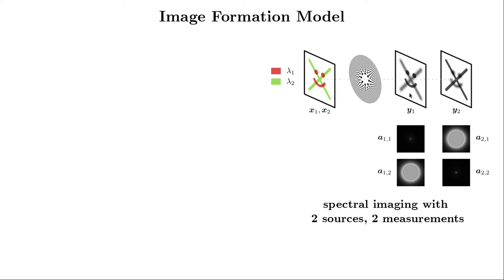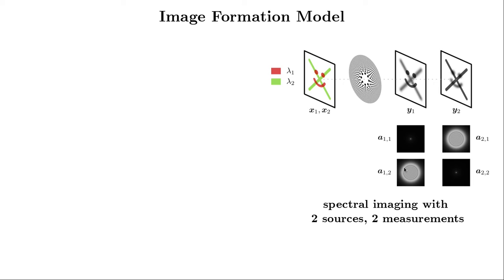If we take some measurement at measurement plane 1, which is the focal plane for wavelength lambda 1, we'll see that we'll have a focused image of the red smiley face here, and then a blurry image also in the same plane of the second source. And then if we move back to the second focal plane for source 2, we'll see that, of course, the second source comes into focus, but the first source is still present as a blurry image.